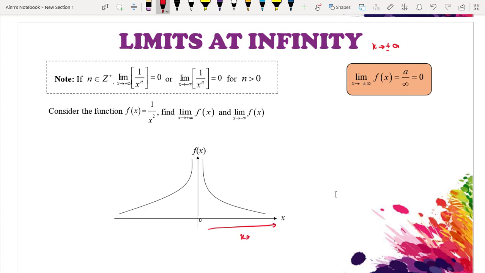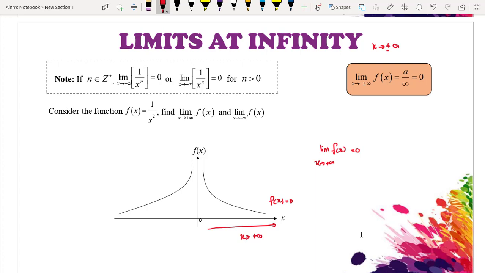Therefore, we know that f(x) will approach 0. So now we have the limit of f(x) when x approaches positive infinity equals 0.